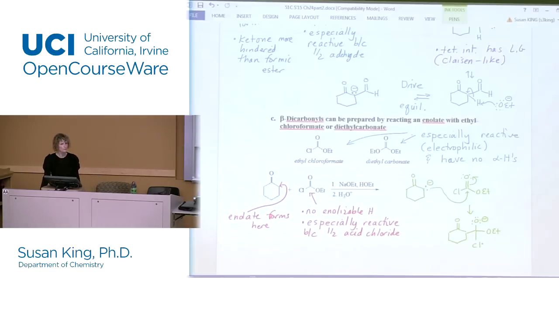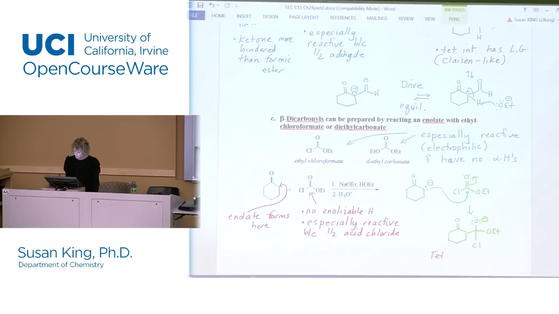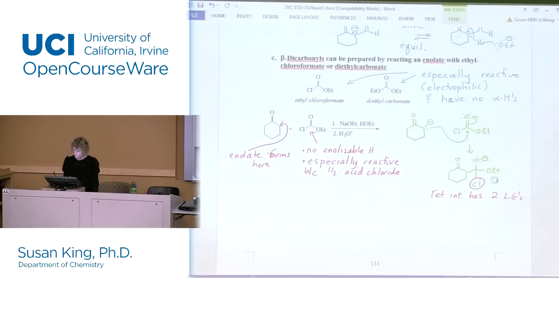All right, so what happens now? Does our tetrahedral intermediate have a leaving group? It has two leaving groups. Which leaving group is going to leave? Chloride's the best leaving group, right? So electrons are going to come down and kick off the best leaving group.